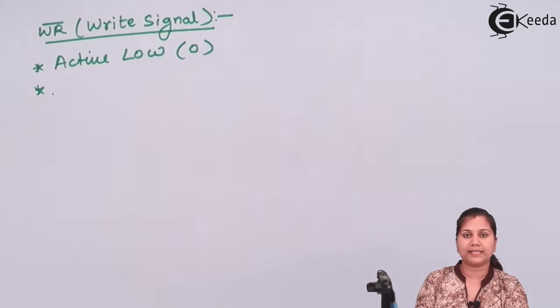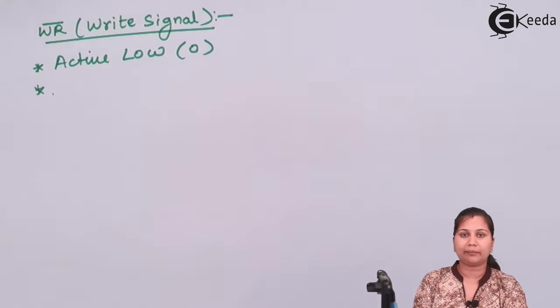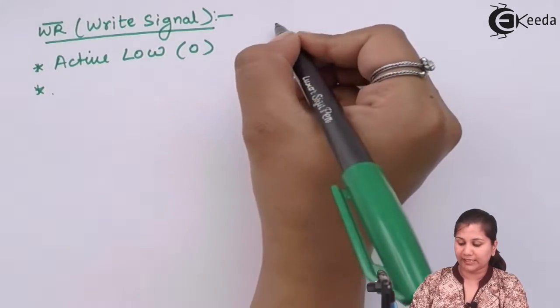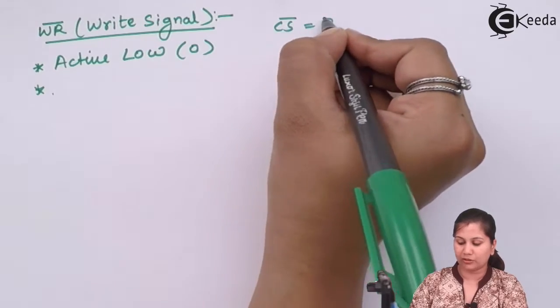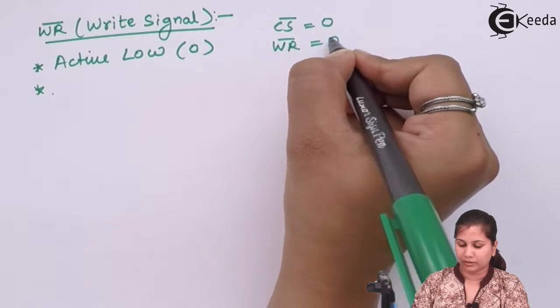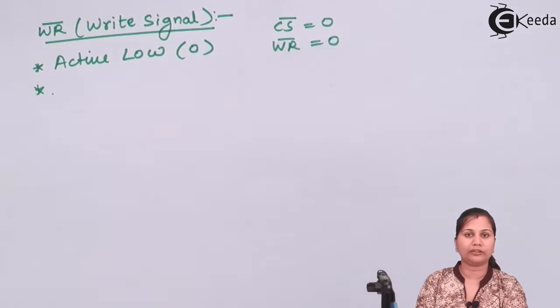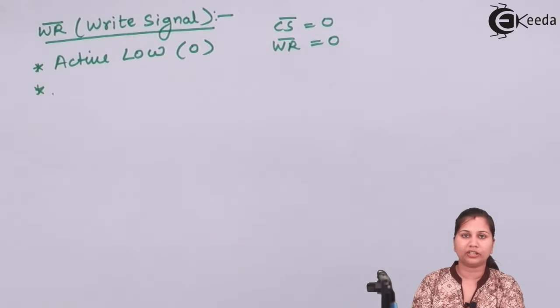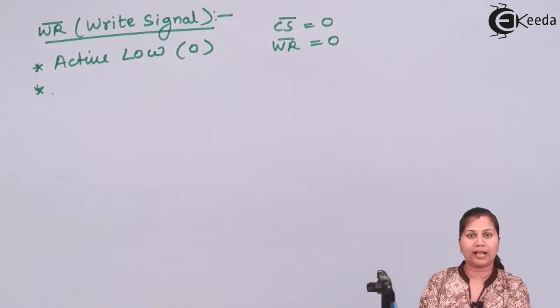Now when the chip select signal is low, it is enabling the read and write communication between the 8259 and the CPU. So along with the CS bar signal being low, if write is also low, then the data which is available on the data bus will be written into the registers of the 8259 IC. Whenever a write operation has to be performed by the microprocessor, this signal is made low.